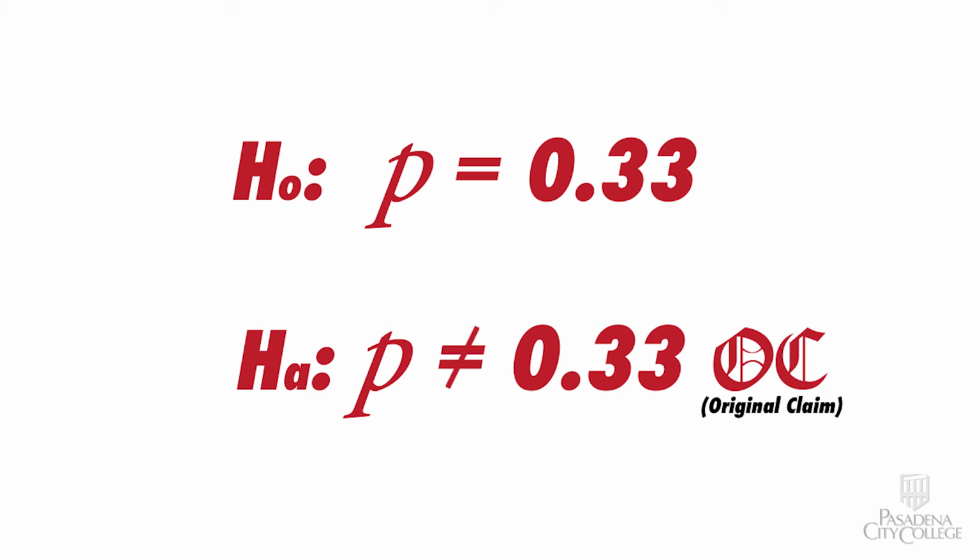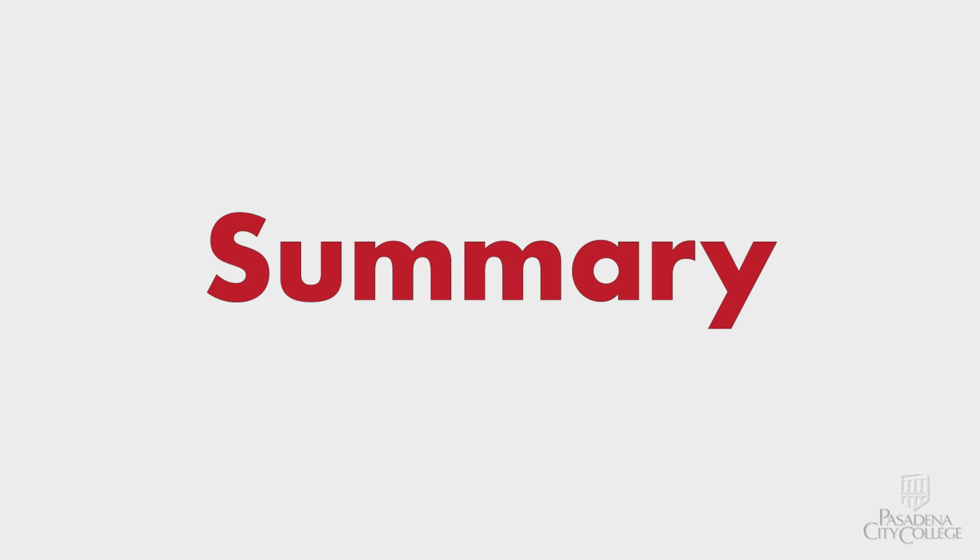You got it. Awesome. So to summarize, we start off with an original claim. The first thing we need to do is translate that claim into math symbols. After you've translated that claim into math symbols, you have to figure out if it's the null or the alternative hypothesis. These two are set up to be opposites of each other.